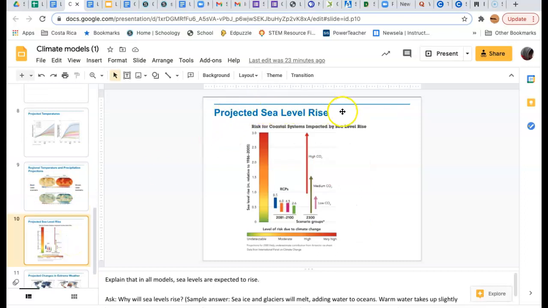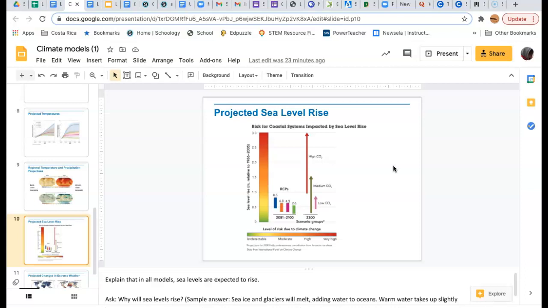Projected sea level rise: in all the different scenarios, even the one with really low CO2, medium CO2 emission, or high CO2 emission, they all predict sea level rise. There are two reasons for sea level rise. One is that warm water expands, not just warm water, a warm object expands. The warmer something is, the more space it occupies.